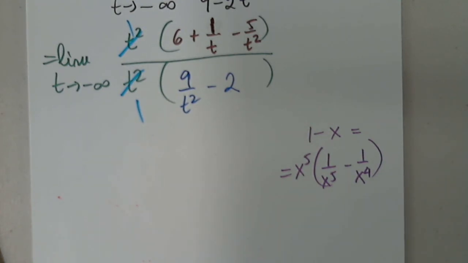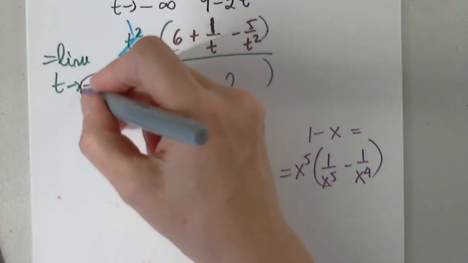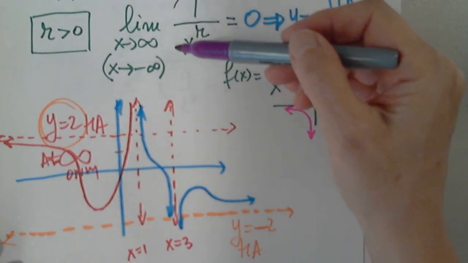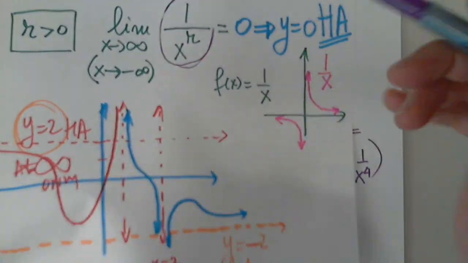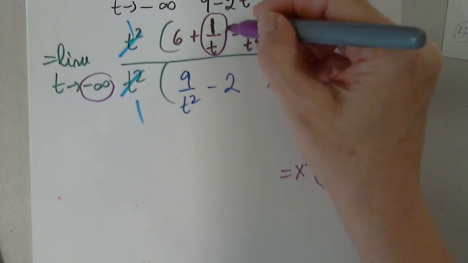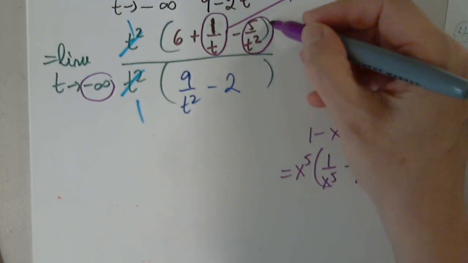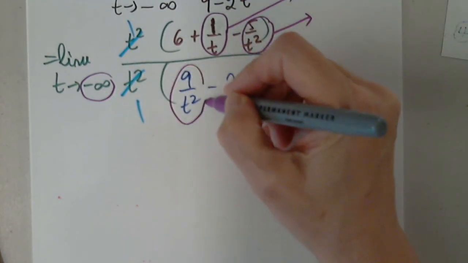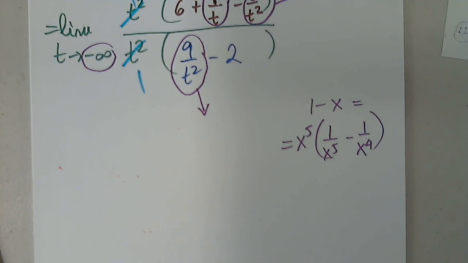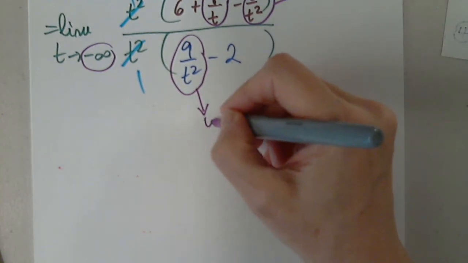So now, please tell me, when t approaches negative infinity, based on what we just discussed, where does this piece go? Where does this piece go? And where does this piece go? Approaches 0. Thank you very much.